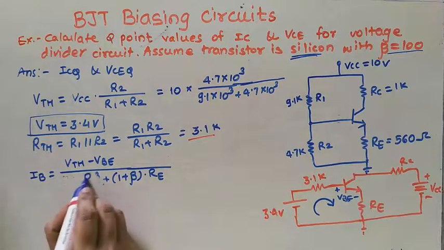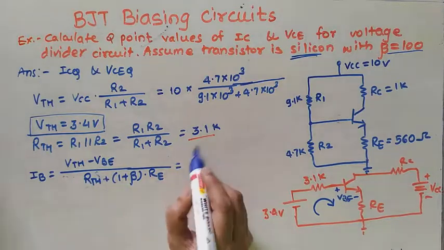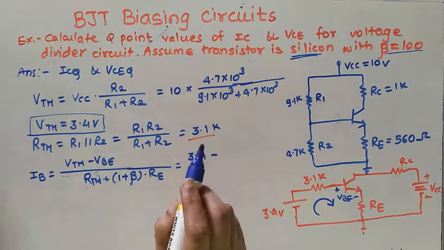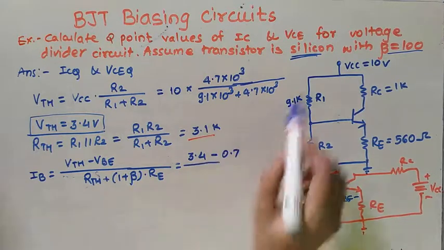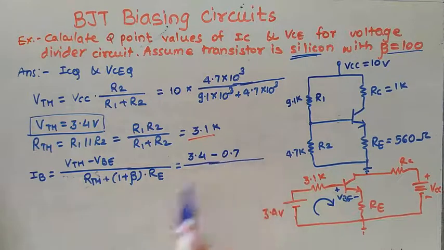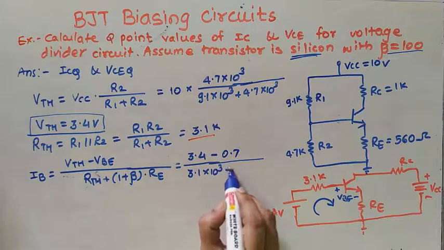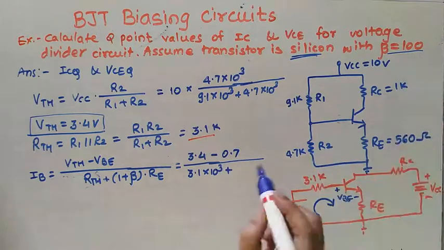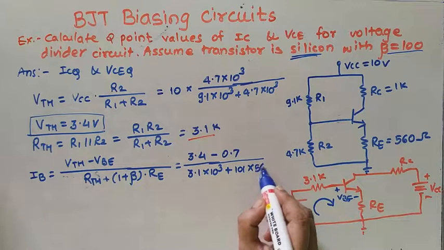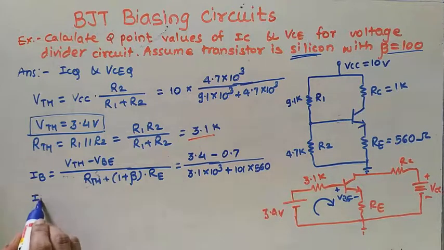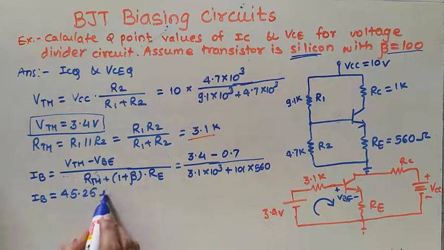VTH is 3.4 minus VBE 0.7, since it is silicon, you can consider it as 0.7. RTH is 3.1 into 10 raised to 3 plus beta is 100, so it is 101 into the RE value of 560 ohm. When you solve this, you will get IB equal to 45.25 microampere.